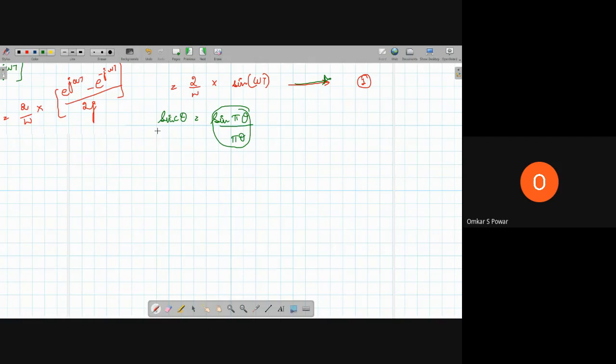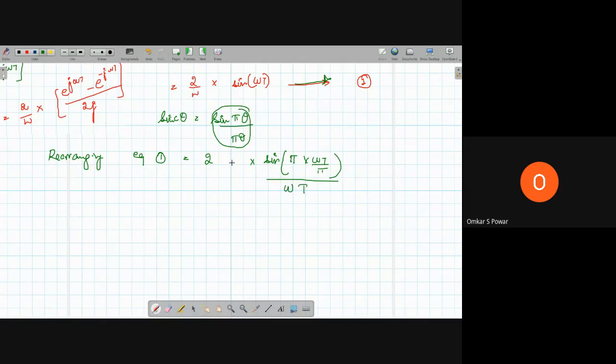We will rearrange equation 1. What we will get? 2, I'll write as it is. See what I'm doing here. Sine, I will multiply by pi and divide by pi. So this is balanced here. In the denominator, I have omega.